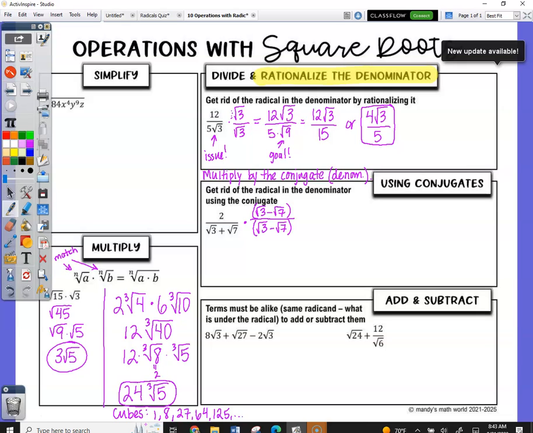Then you've got the two terms times the two terms here, which by design are supposed to be a difference of squares, right? So remember that that's the goal. So across the top, when I multiply, I've got 2 square root 3 minus 2 square root 7.